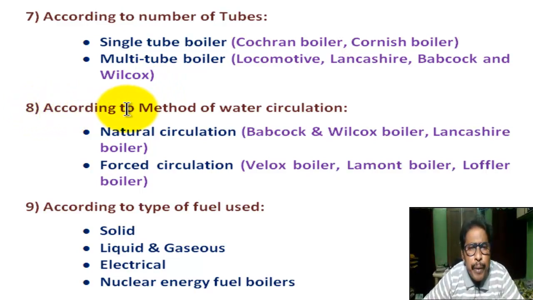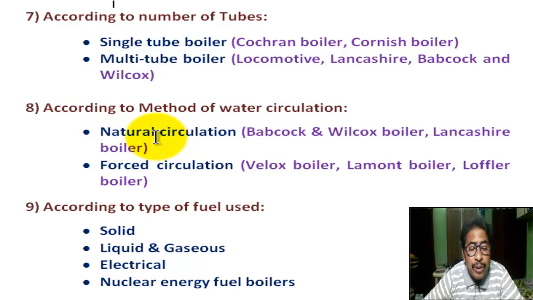Number 8, according to method of water circulation. Number 1, natural circulation. If the circulation of water takes place due to difference in density caused by temperature of water, the boiler is called natural circulation boiler.